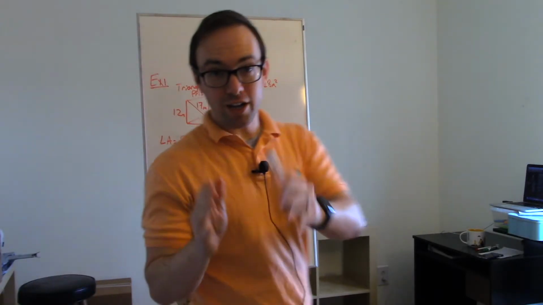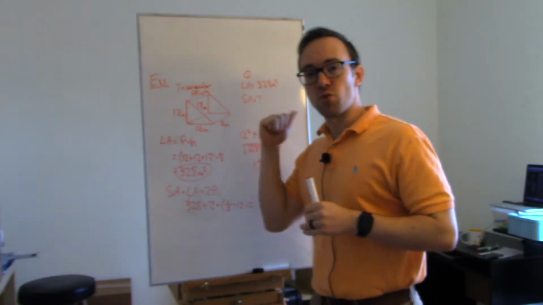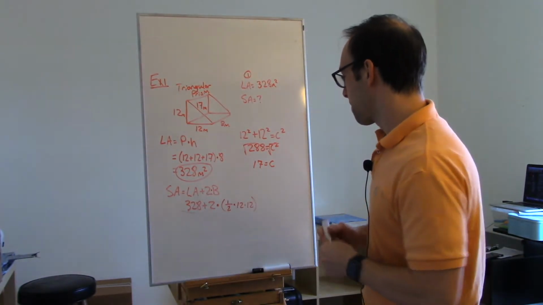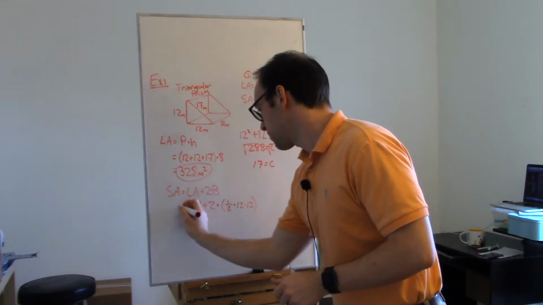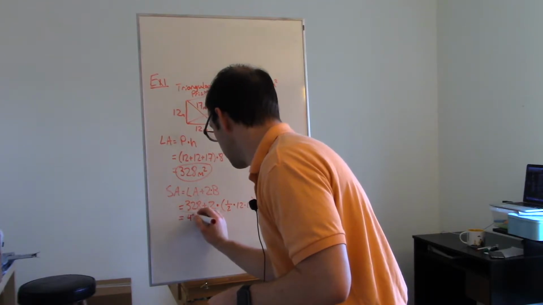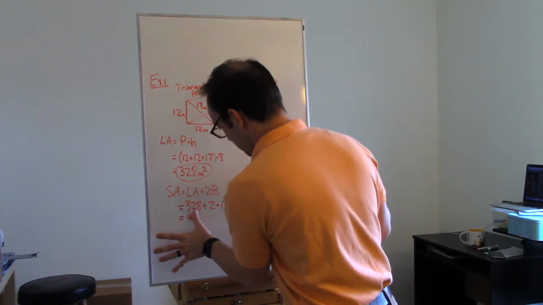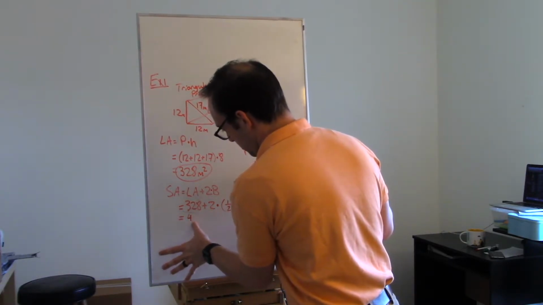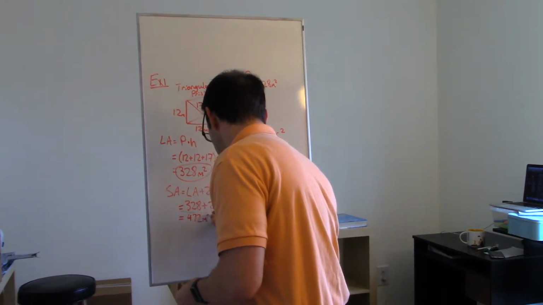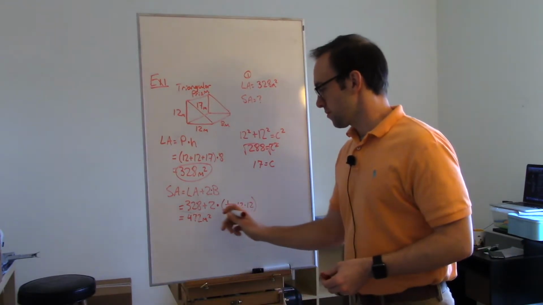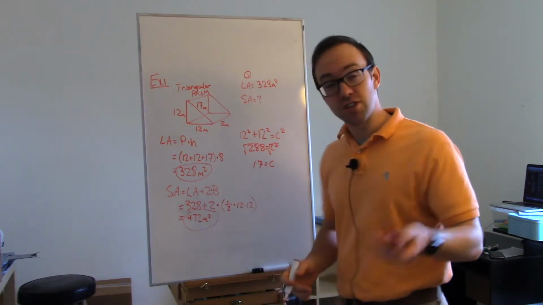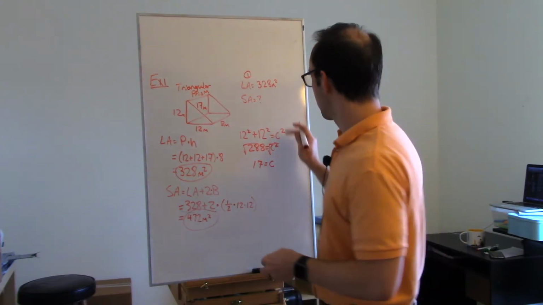Area of a triangle is 1/2 base times height, so 1/2 12 times 12. So the surface area is 472 meters squared.